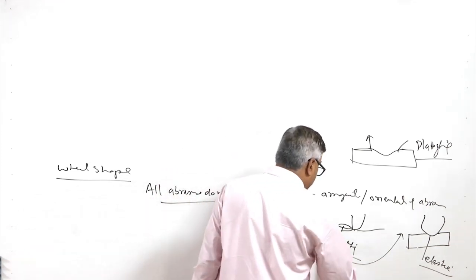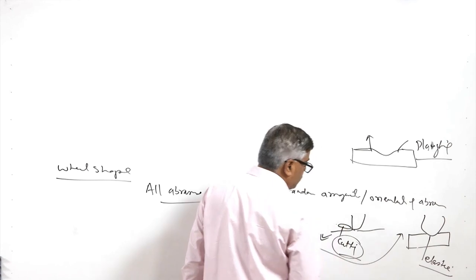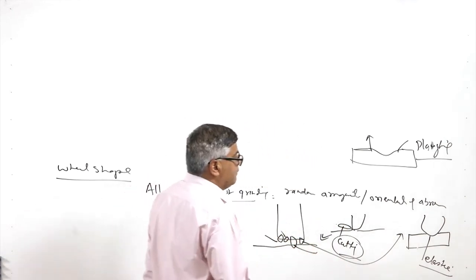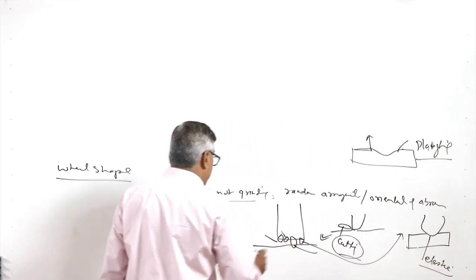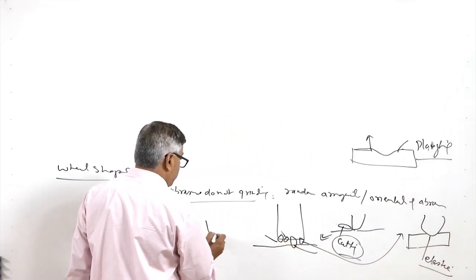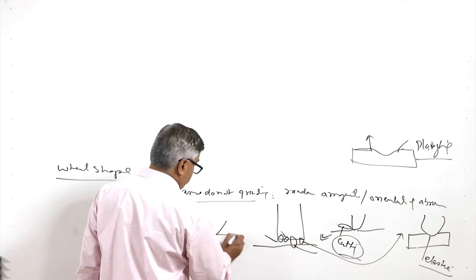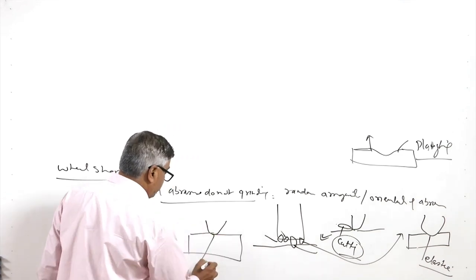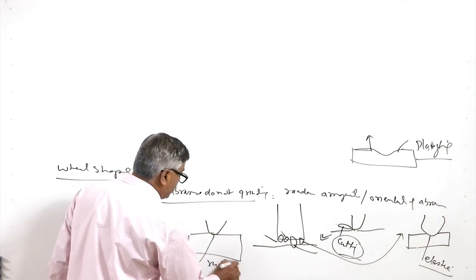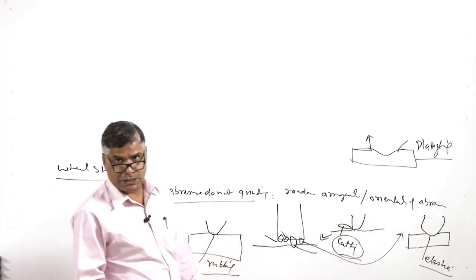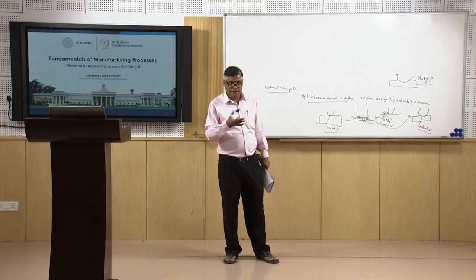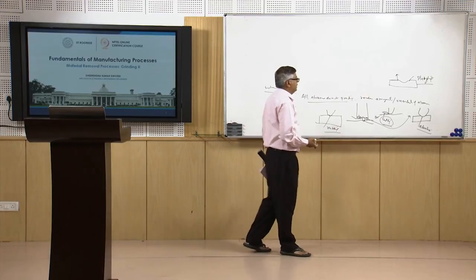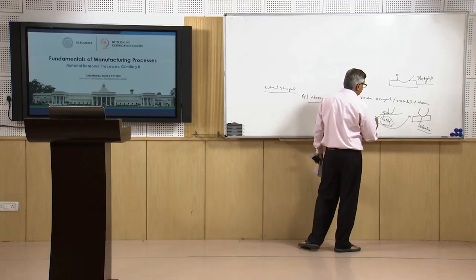So the grinding is basically performed in the case when there is cutting. In ploughing there is no cutting, just displacement of the material. And in the third stage, the abrasive just touches the surface of the workpiece, so it is performing just rubbing. Depending upon the extent of projection of the abrasives from the surface of the grinding wheel, that determines how the abrasives will be interacting with the workpiece.